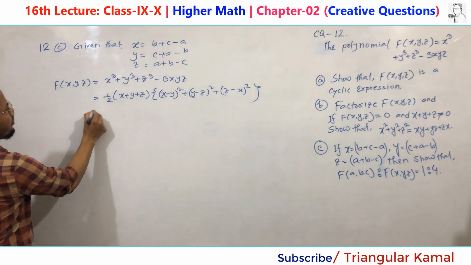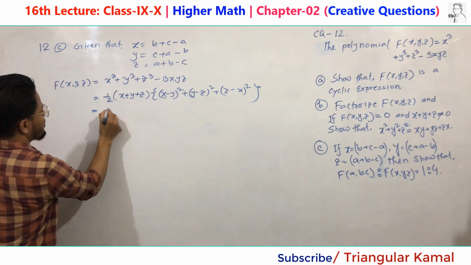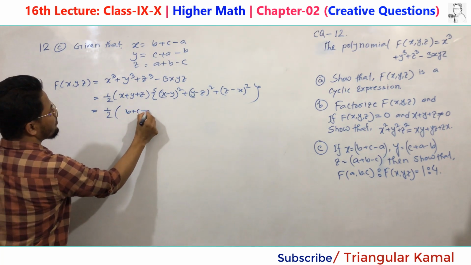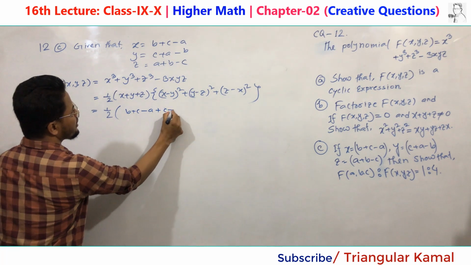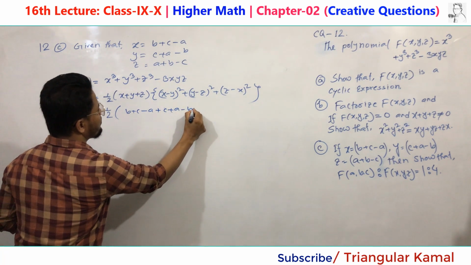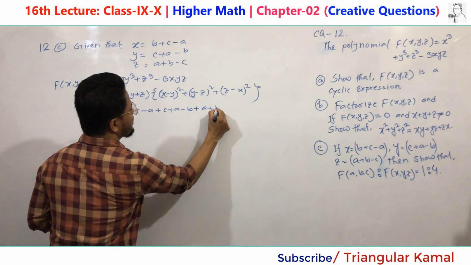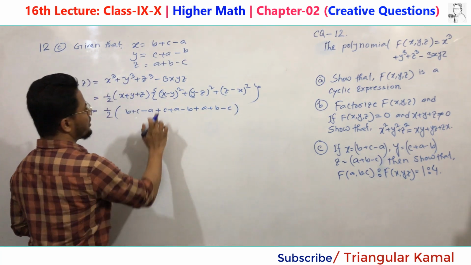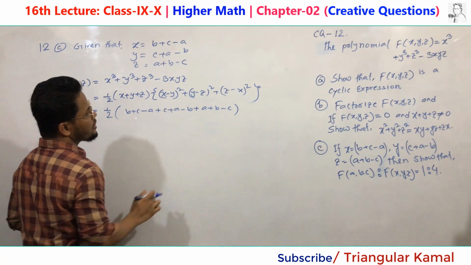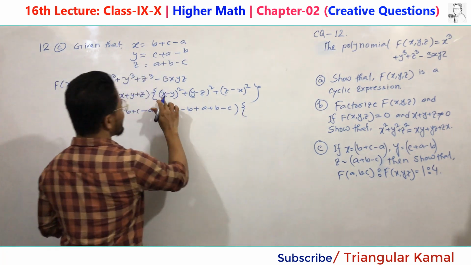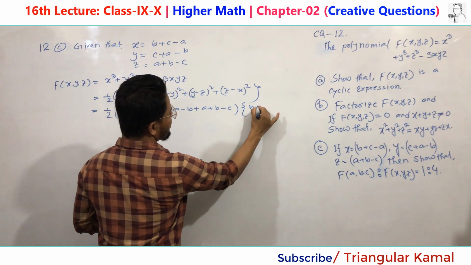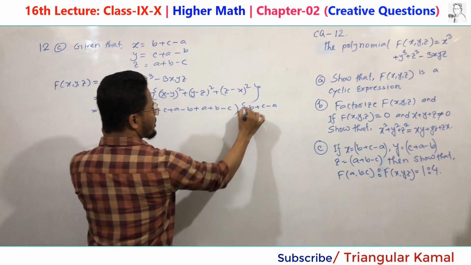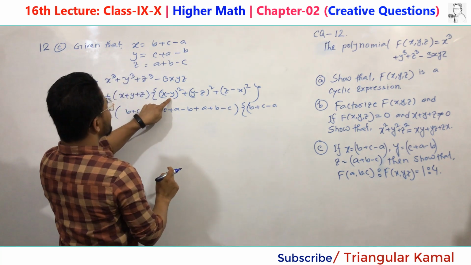Now apply the value of x, y, z. This is the half. The x equals b plus c minus a, plus c plus a minus b, plus a plus b minus c: x, y, and z. Now here x minus z whole square. So write here x minus y: first b plus c minus a, as b plus c minus a, then minus y.